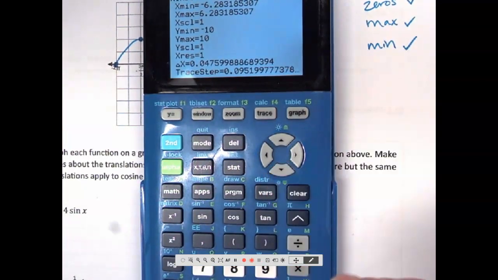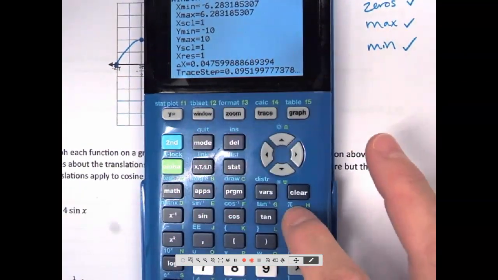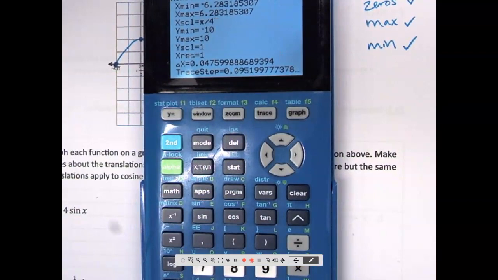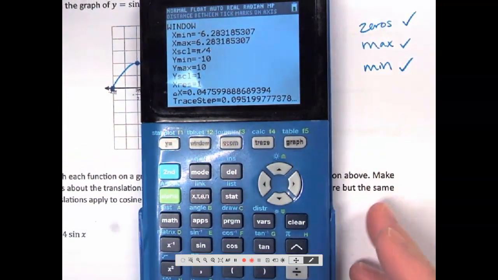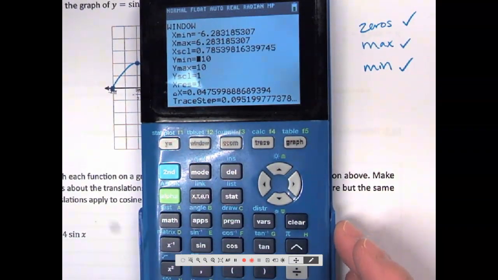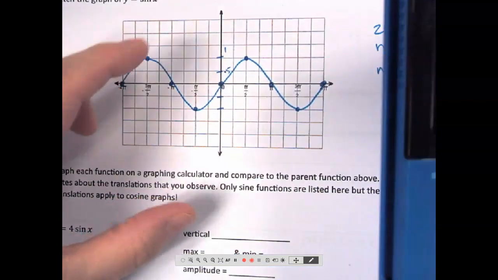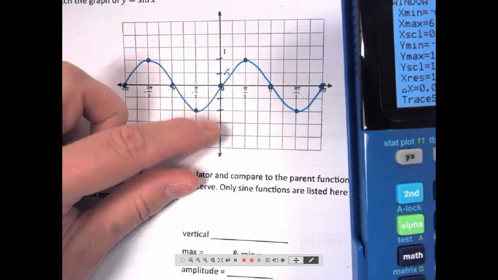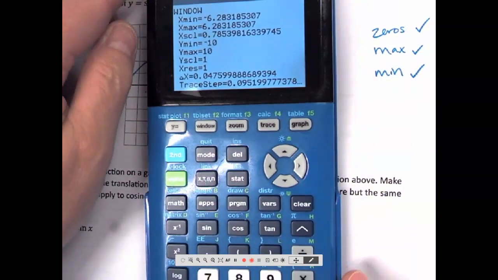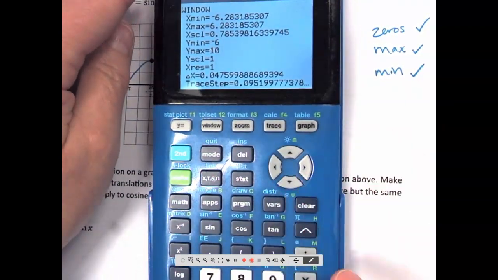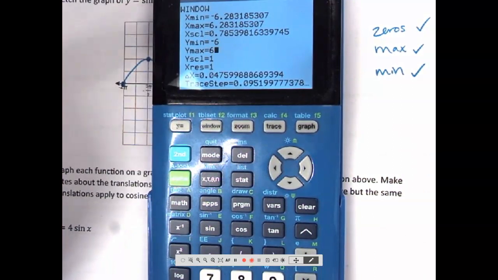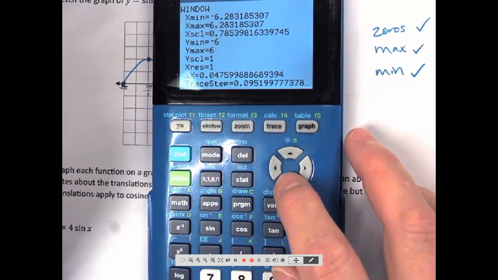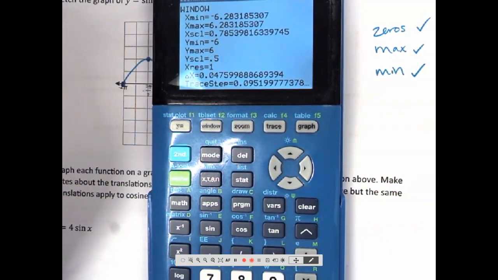So my x scale, so that it matches my paper, is going to be pi divided by 4. Now again, when I push enter, it's going to change it to a decimal. Okay, is everybody good with this? Okay, now my y-axis, let's see what this is. 1, 2, 3, 4, 5. Well, let's do maybe negative 6 and positive 6. And if I really want it to match what I have on my paper, my scale is 0.5.